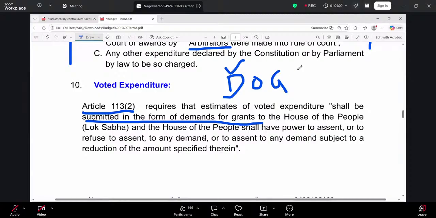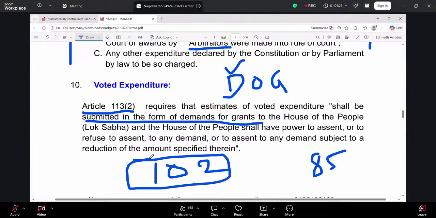So you cannot submit the estimates in the form of major head or sub-major head or ABC or like that. Only in the form of demands for grants. All of you know our demand number is 85 and total demands are 102 demands for grants. Total for central government.